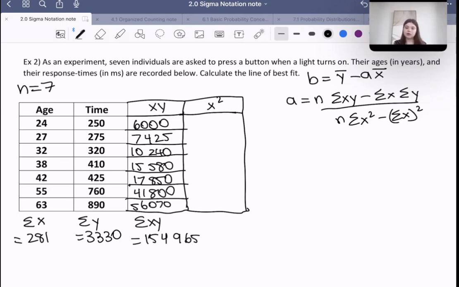Okay, so let's square all these values. So what's 24 squared and then 27 squared and so on? We've got to square all of them.